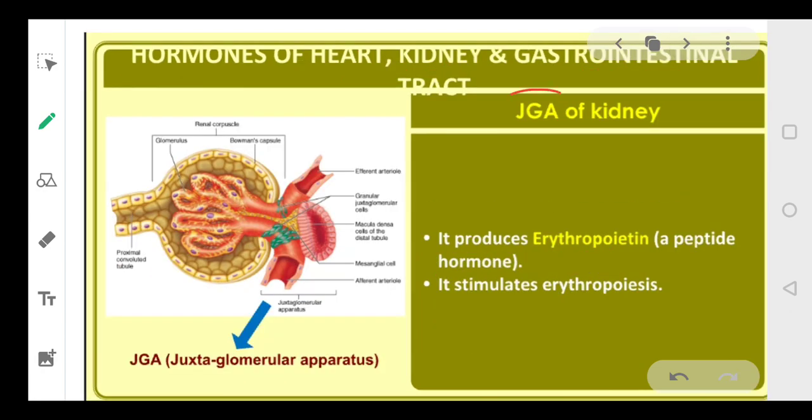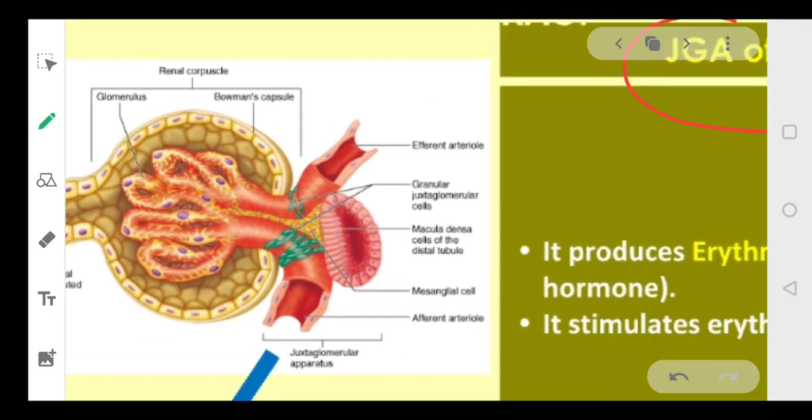Then is the JGA of the kidney, that is the juxtaglomerular apparatus. What is JGA, dear students? Juxtaglomerular apparatus. As you remember, we have discussed the parts of the kidney, right? We have discussed the nephron. This particular U-shaped structure is called Bowman's capsule. What do we call it? We call it Bowman's capsule. And inside this, there is an extensive supply of coiled blood vessels.